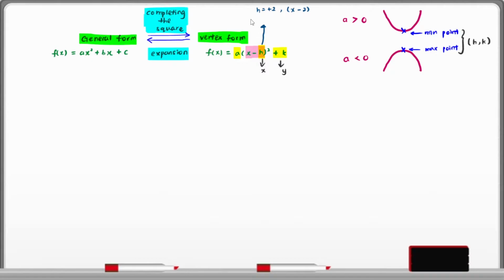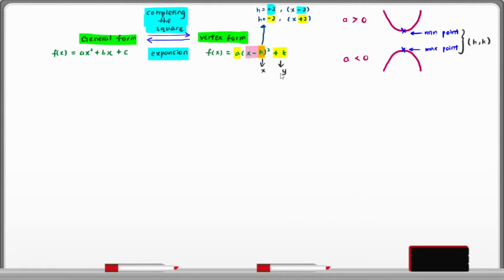And when h is negative, for example, h is equal to negative 2, when you substitute it into the bracket, you're going to get x minus negative 2, so the bracket will be x plus 2. So when the bracket is x minus 2, the coordinate x will be positive 2. And when the bracket is x plus 2, the coordinate x will be negative 2.